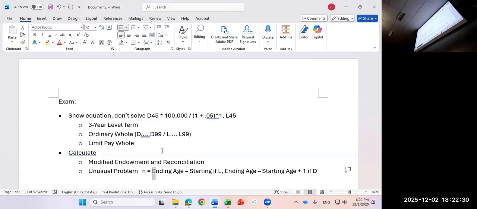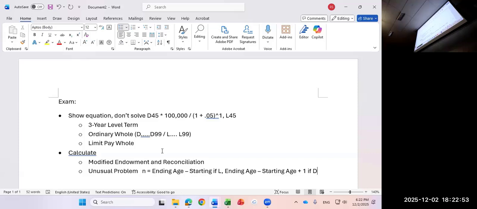So you say, hey, this pays people $100,000 at the beginning of age 97, and you start at age 30, your N is 97 minus 30. If this says it pays people who die at the end of the year, you'll take 97 minus 30 plus 1, that will be your N. So if you remember that, you'll get that problem down pretty well.